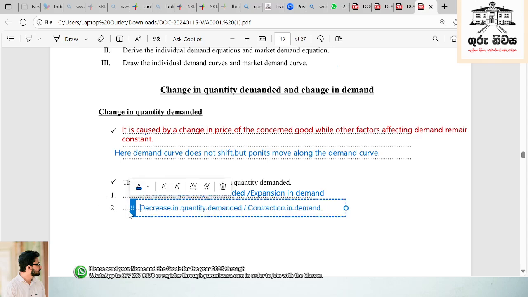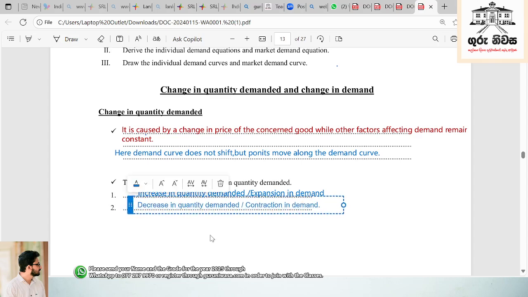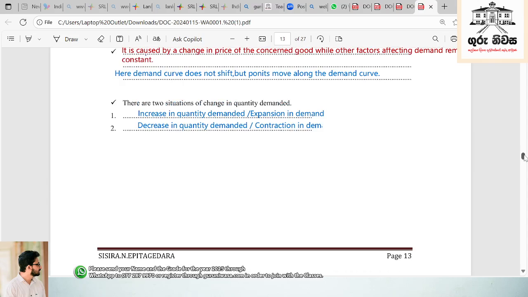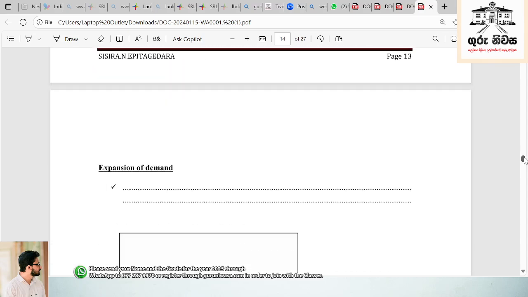Are you okay? Okay, sir. Simple. Increase in quantity demanded and decrease in quantity demanded. First one, expansion of demand; within brackets write down increase in quantity demanded.